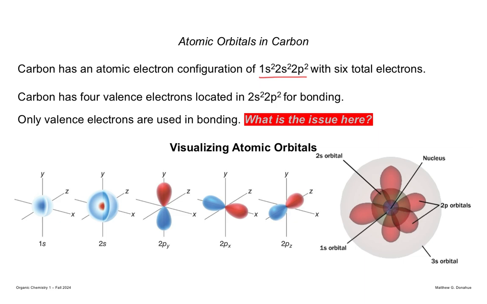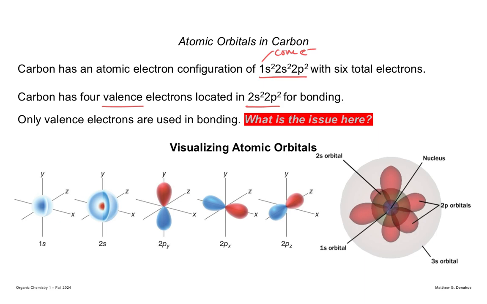So it's 1s2, 2s2, 2p2. The 1s2 are called the core electrons. The 2s2, 2p2 are called the valence electrons. The core electrons are not used in bonding. The valence electrons are used.